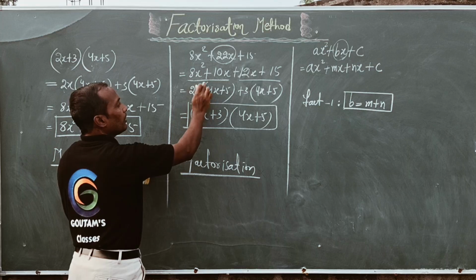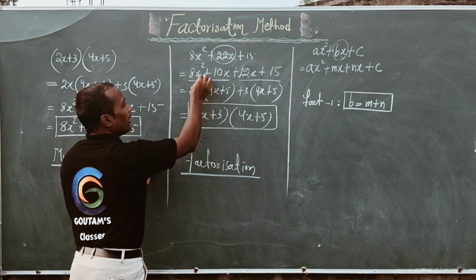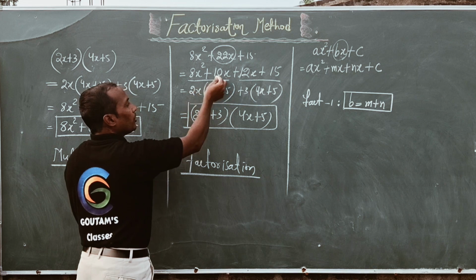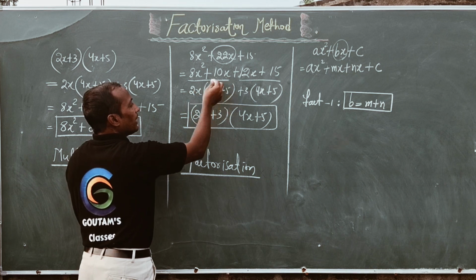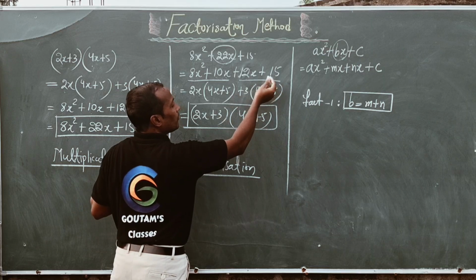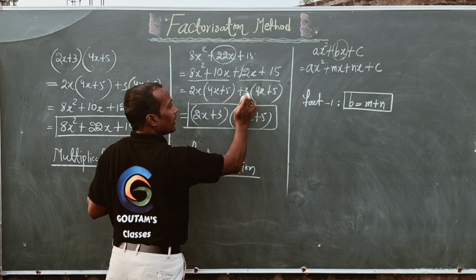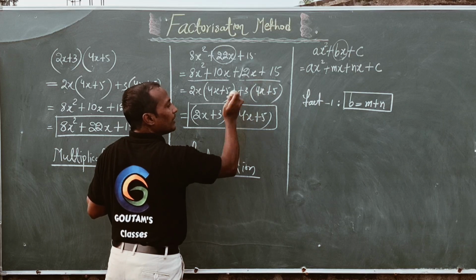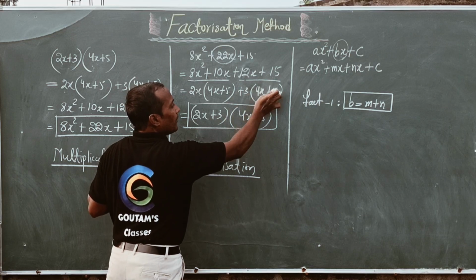So after taking 2x common, you are left with 4x in place of 8x square. From 10x, when 2x was taken common, in place of 10x you are left with 5, so no x is left here. From 12x and 15, the highest common factor is 3. So 3 is taken common, 4x is left here and 5 is left here.